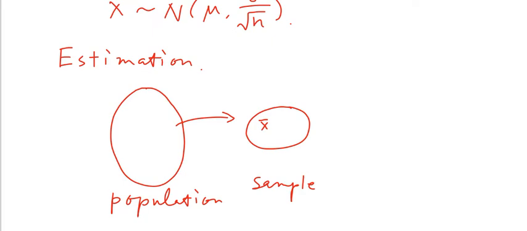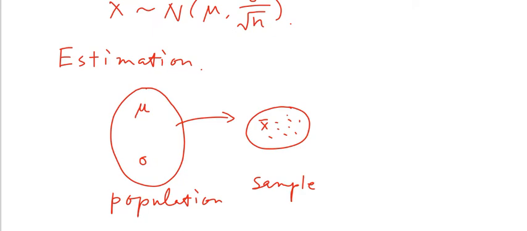Okay, and for estimation, meaning for the population, we have population information like the population average mu, or population mean, and the population's standard deviation sigma. So once we have those data, how can we estimate this mu and sigma?